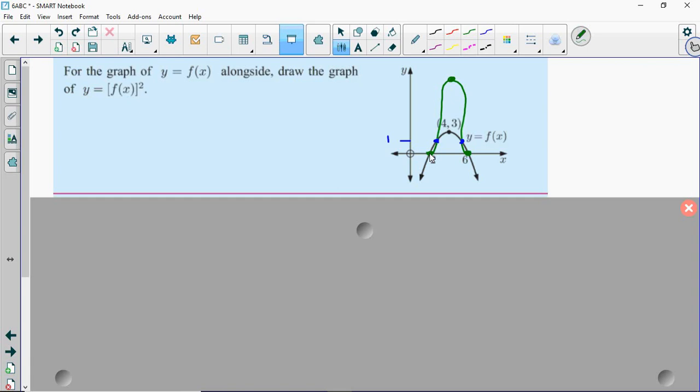Then I continue to the left, we've got to bounce up, and then to the right, we've got to bounce up. If I knew for sure the original y-intercept of the black graph, then I'd be able to appropriately place a y-intercept on my green graph. It looks like the black graph is a parabola whose equation I could work out, but I'm not actually sure that it's a parabola. I'm not told that it is, so I won't assume that.